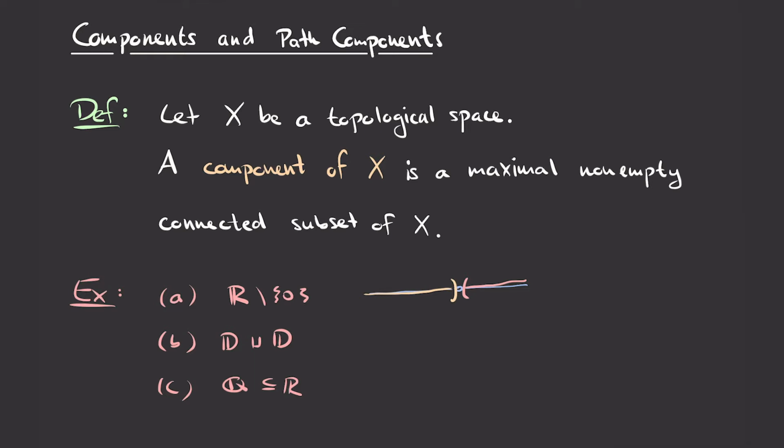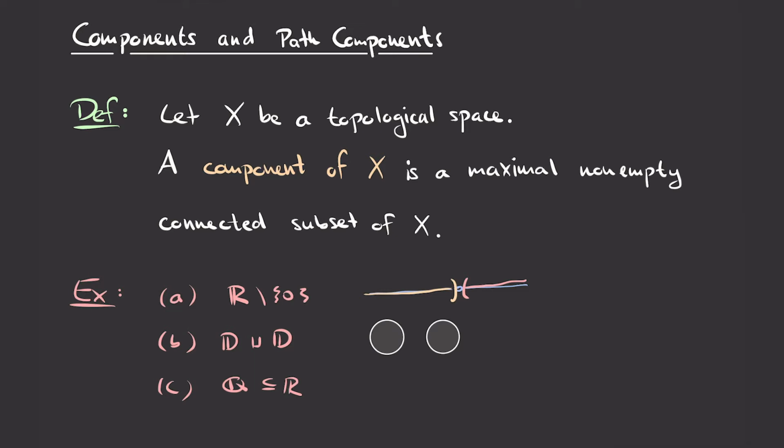Moving on, our next example is the disjoint union of 2 disks in the plane. So this space basically just looks like 2 circles that don't intersect. And in this case, we're thinking about this space endowed with the subspace topology inherited from the plane.